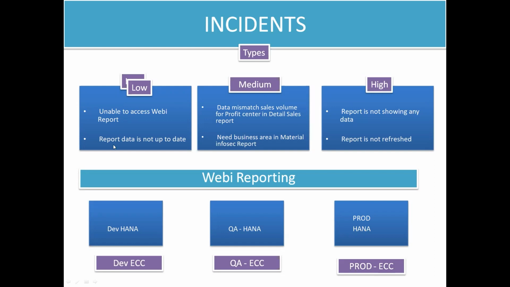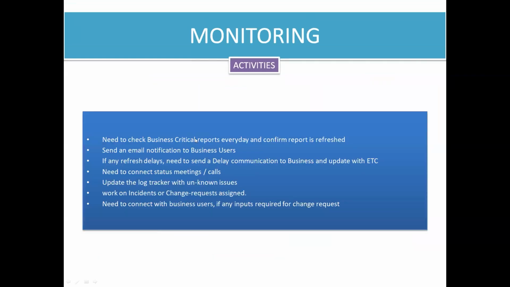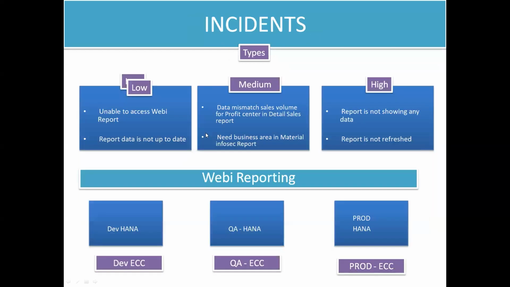And the second is that report data is not up to date, something like report refresh is not completed. I told you in the previous slide that we have business critical reports, right? In that case, if there is a delay from our end and we didn't send any delay notification to the end users or the business users, then they will create incidents stating that the report is not refreshed with current data.